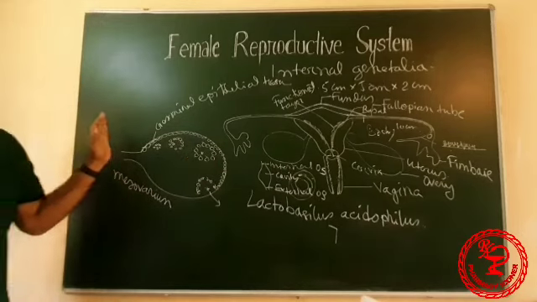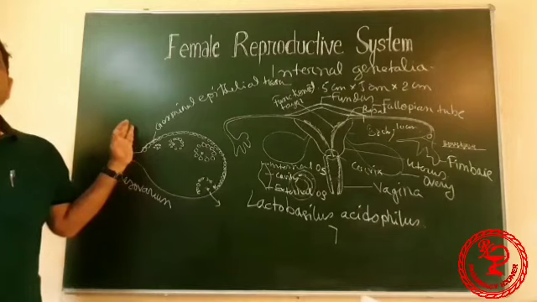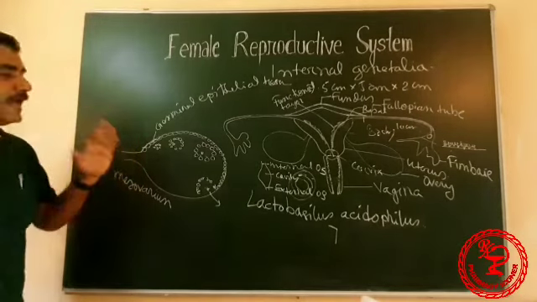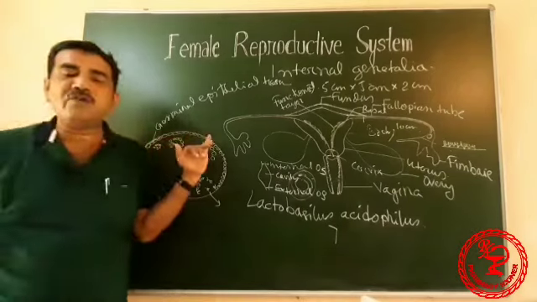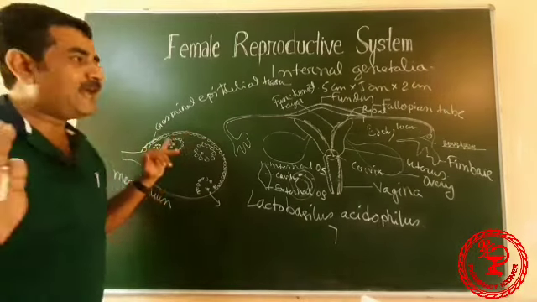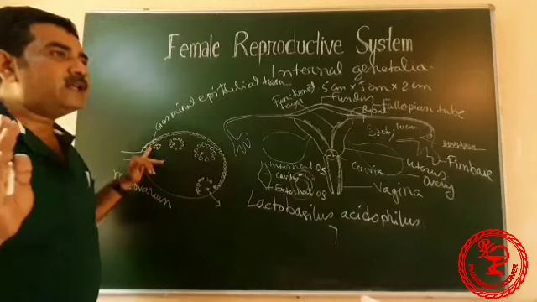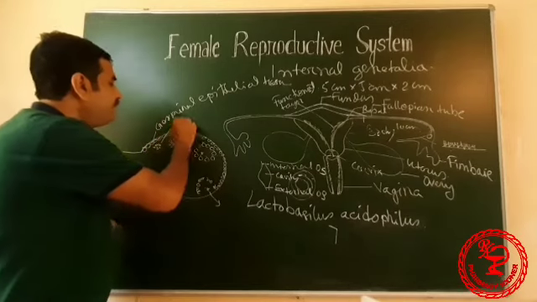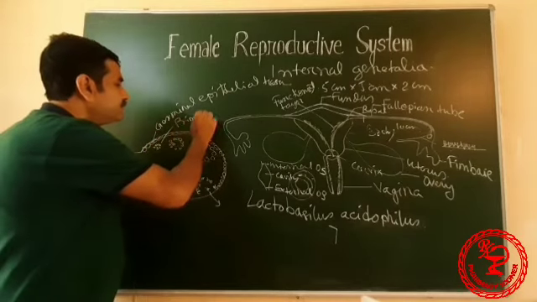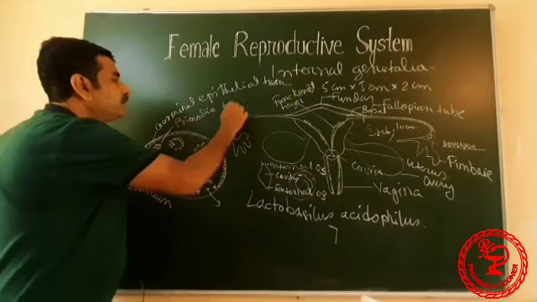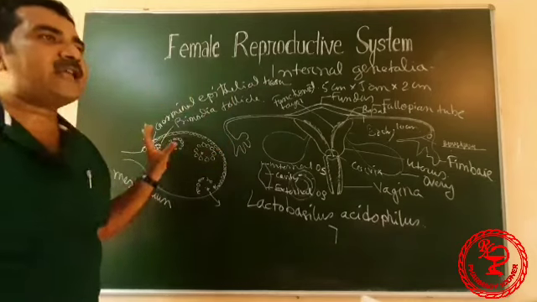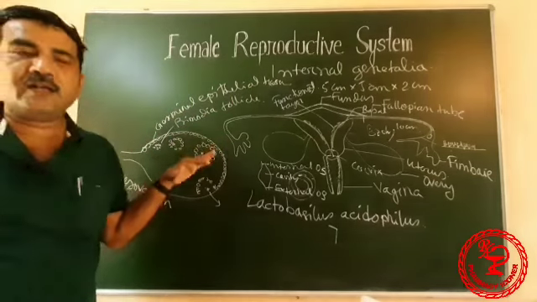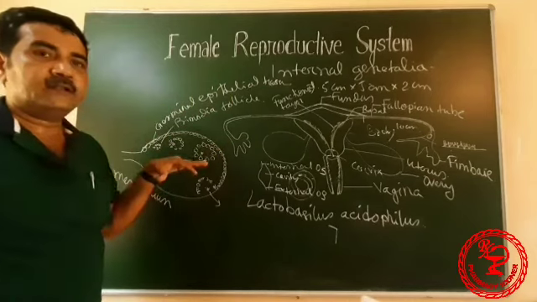In the ovary, an adult woman has almost 40,000 primordial follicles. Some of them gradually mature after puberty.